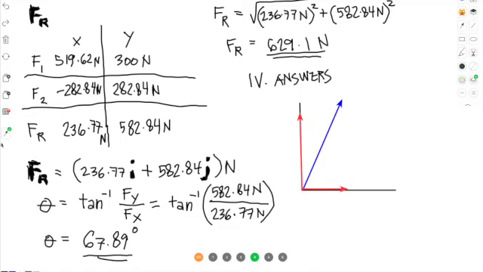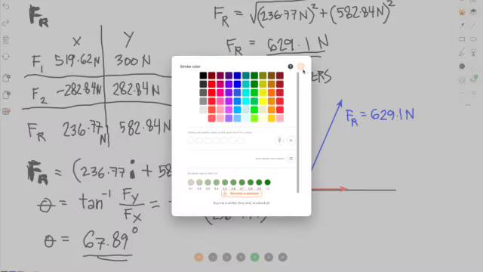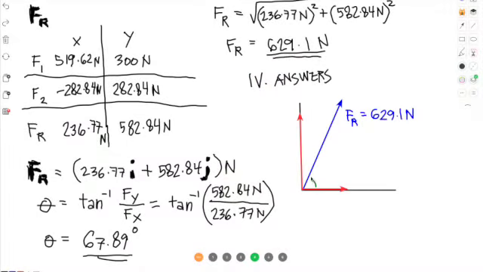Okay, so our resultant force is Fr, we solved as 629.1 newtons, and this angle theta here, so we solve this angle by finding the arctangent of the opposite over adjacent.